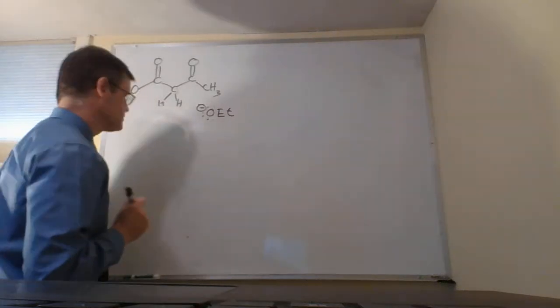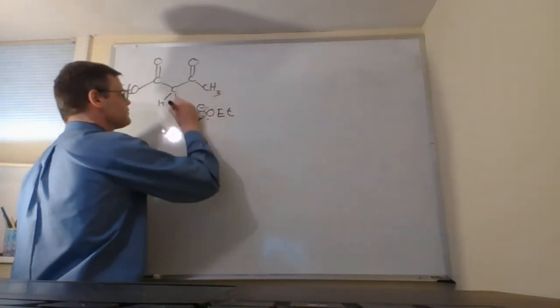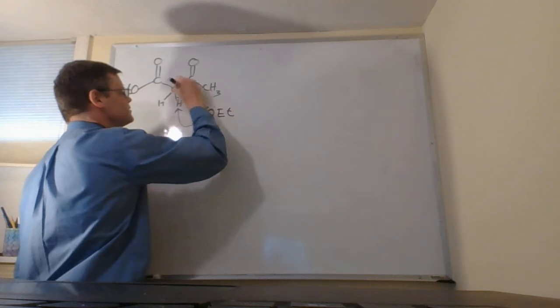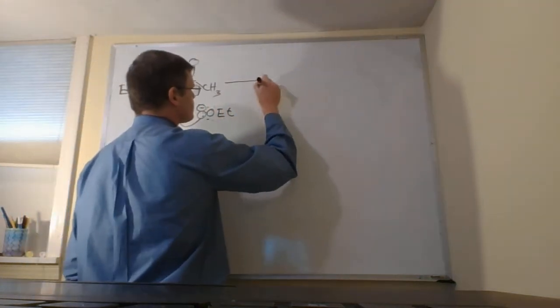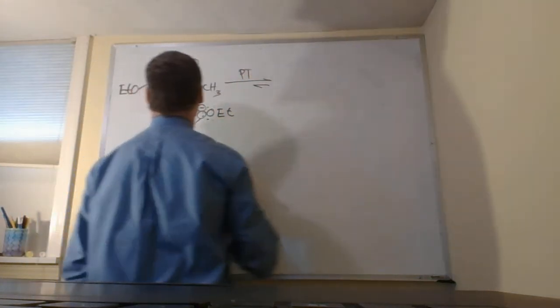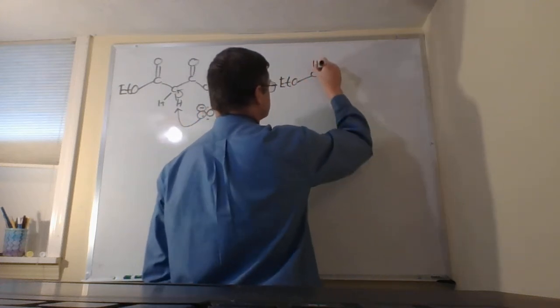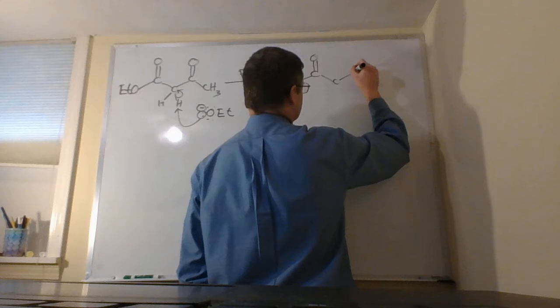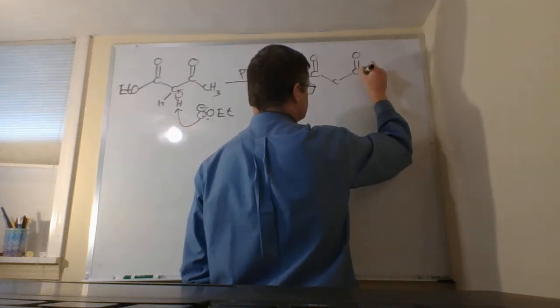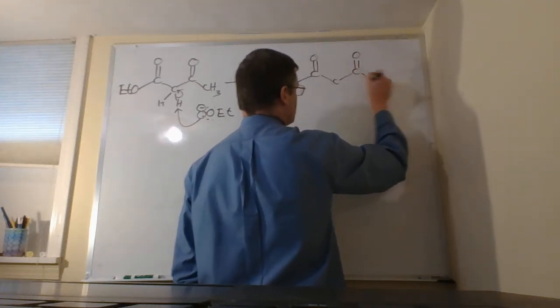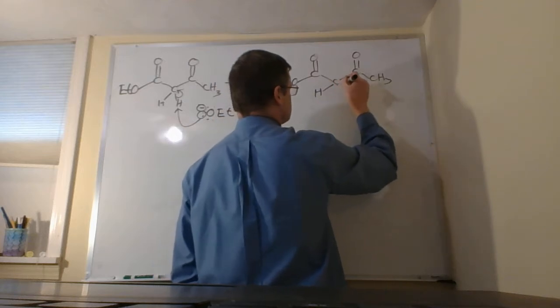The methoxide is doing all the work here. We're going to do a proton transfer, which makes our enolate, which is highly resonance stabilized. We have 2 adjacent carbonyls.